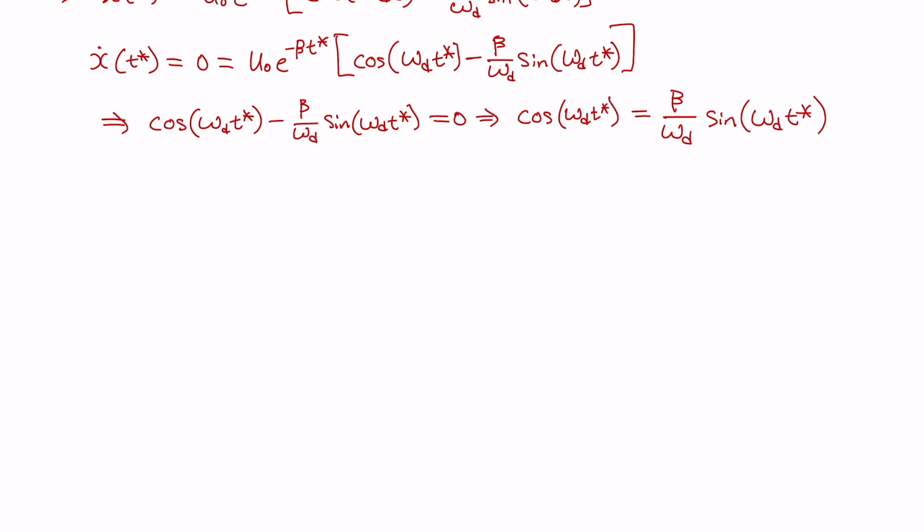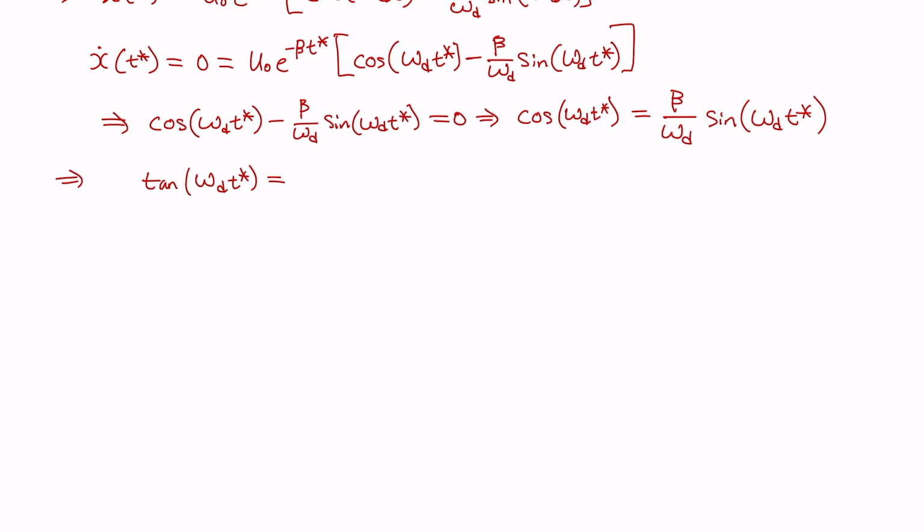What I want to do now is divide both sides by cosine, and then convert the sine divided by cosine into a tangent. So we're going to get that beta divided by omega d times the tangent of omega d t star is equal to 1. We're going to now bring over the omega d and the beta. In fact, let's just do that right here and save some space.